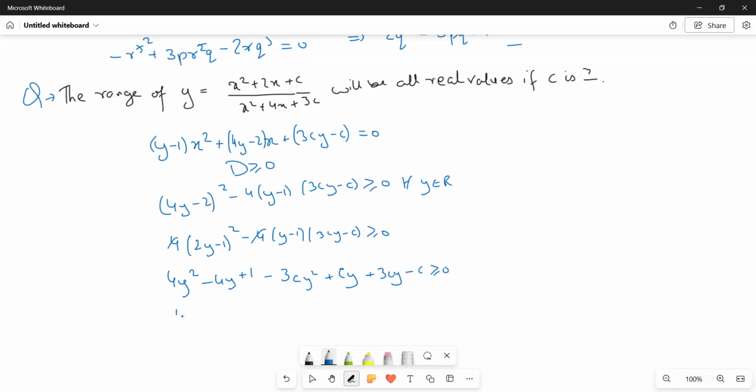So rewriting this as a quadratic, 4 minus 3c y square और y कितना है टोटल में, तो cy plus 3cy, 4cy minus 4 plus 4c minus 4 y, and the constant we have is 1 minus c.